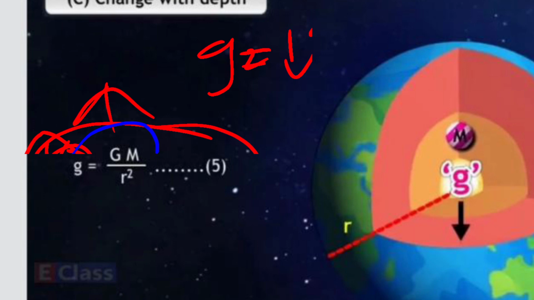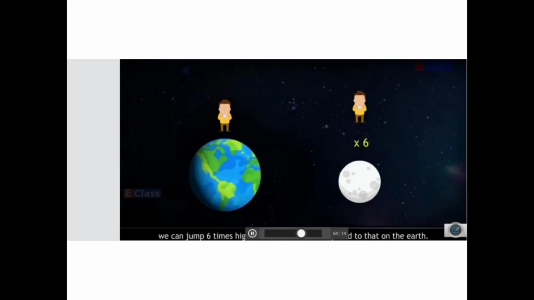So what happens is it goes on decreasing. So when you will come to the center of earth, here you will see that it is coming to 0. Okay, so these are the three main factors, the variation in the value of g which we have discussed today.